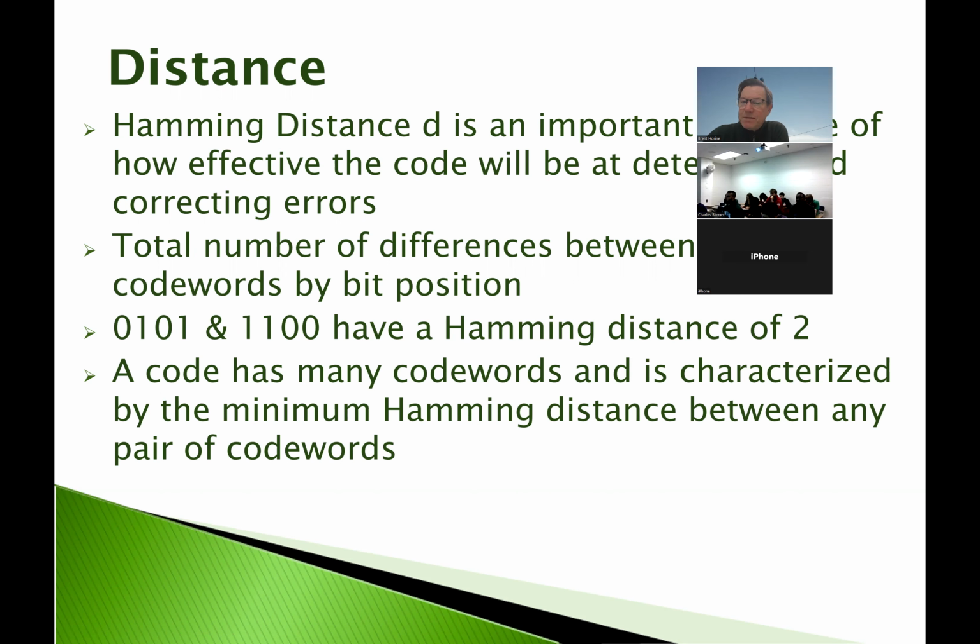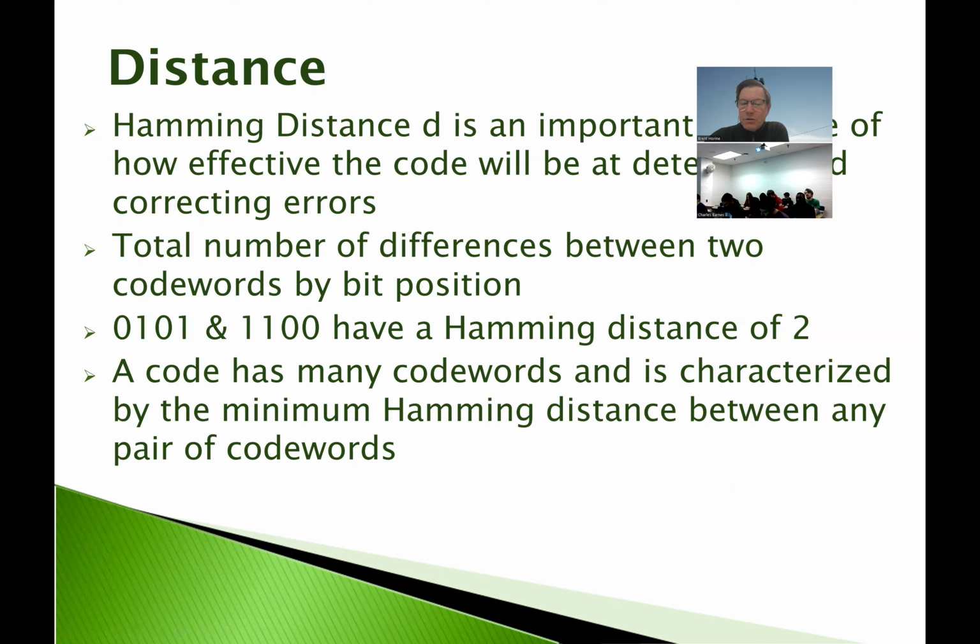Count the number of bit positions where there's a difference. The leftmost bit position is different, so we'll count that. The last one is different, so we'll count that one also. The other 2, the ones in the middle, are the same bitwise. And so our Hamming distance between these is 2.